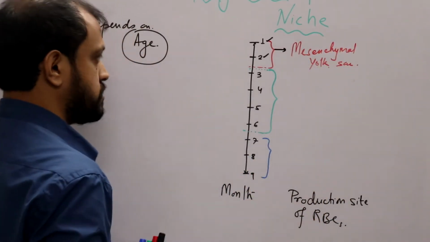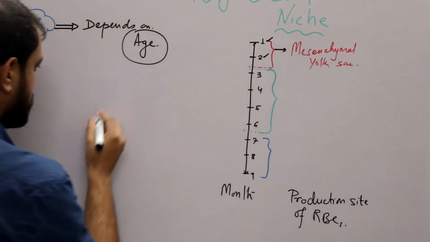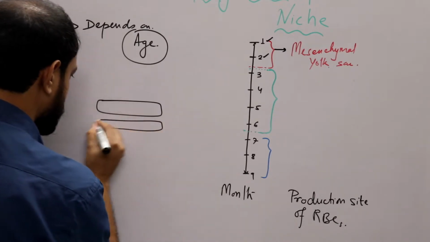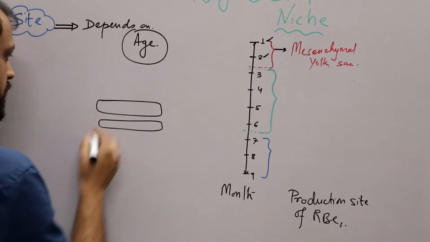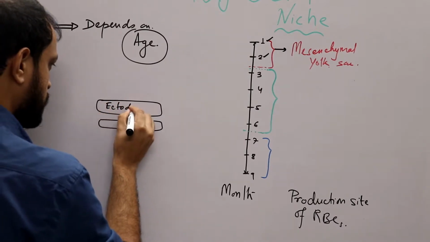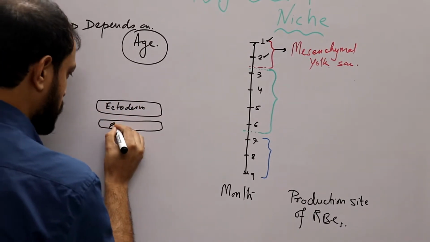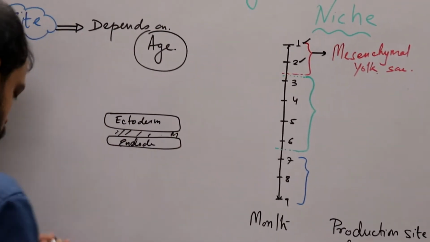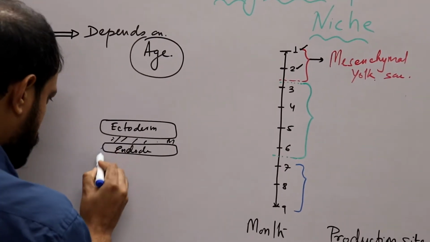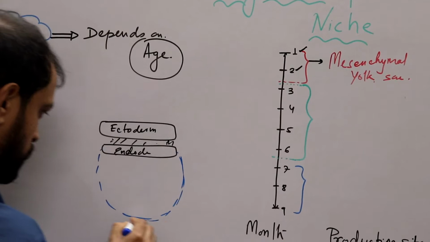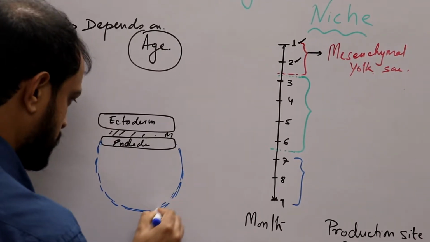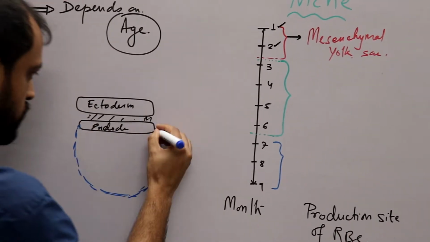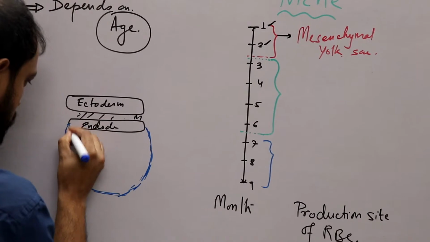Now listen with all your attention. Suppose this is your ectoderm, and this is your endoderm, and in between there is mesoderm. We'll have a detailed lecture on these things in embryology. From the endoderm, the yolk sac arises.